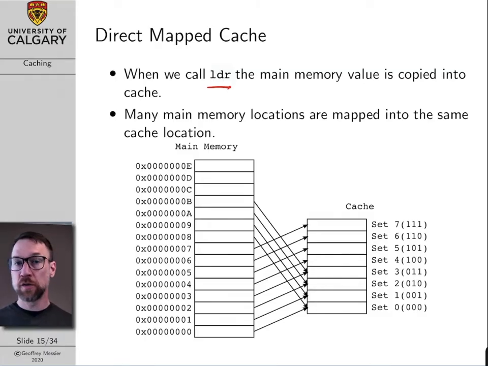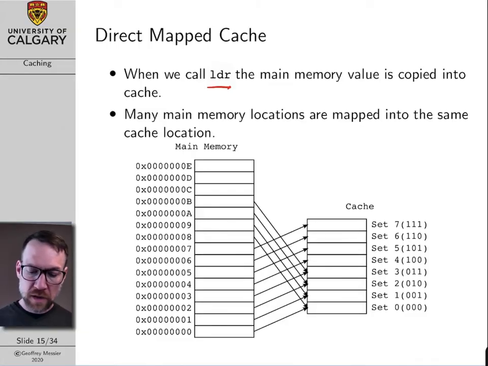Caches are always smaller than main memory because SRAM is more expensive than DRAM, so we always have a smaller amount of it. But we still want to be able to map our entire main memory address space to our cache. That just means we're going to have a bunch of main memory addresses, or main memory words, that map to the same location in cache.